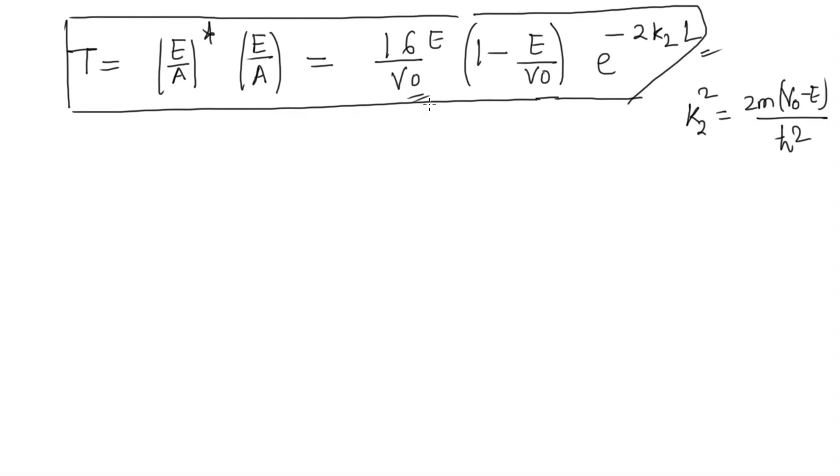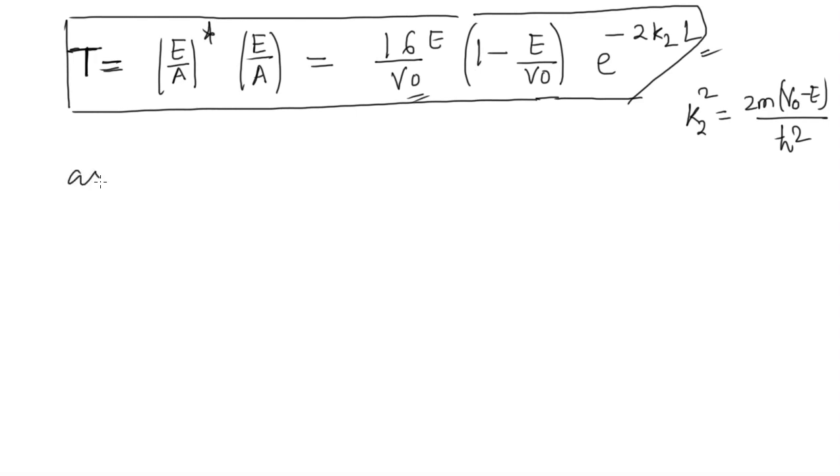It clearly shows from this formula that when V0 is very large, this term will be very small, I can neglect it. I will get 16E by V0. When V0 tends to infinity, my transmission T tends to 0. This is the extreme limit I am taking.